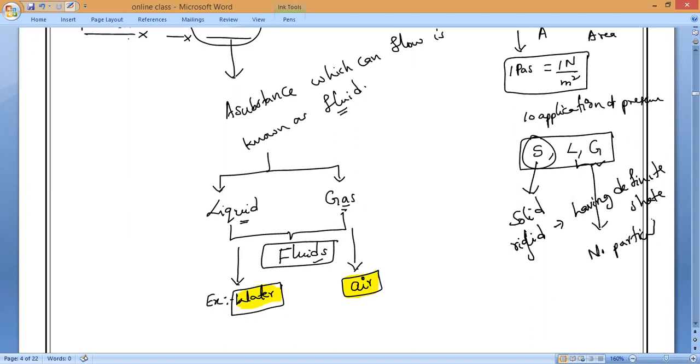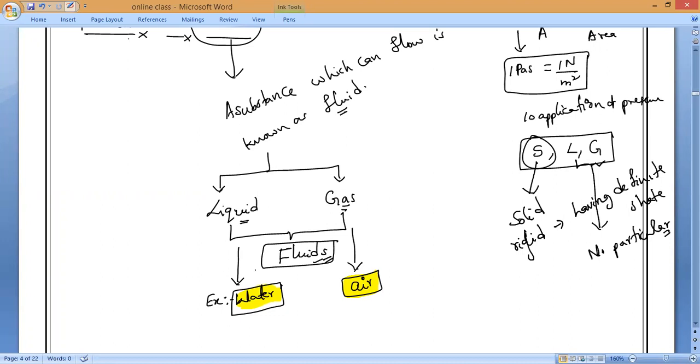That is why they are called fluids. The particles are not close to each other in liquids and gases, so liquids and gases can flow easily. That is why together they are called fluids.